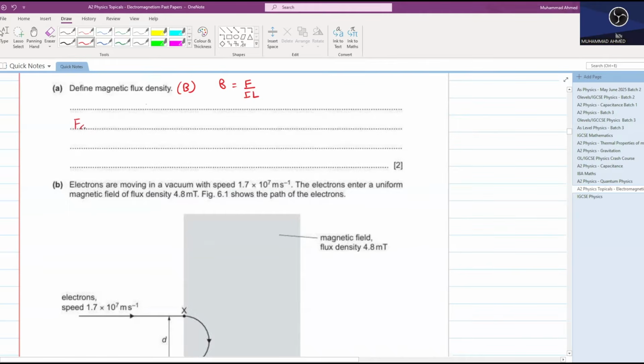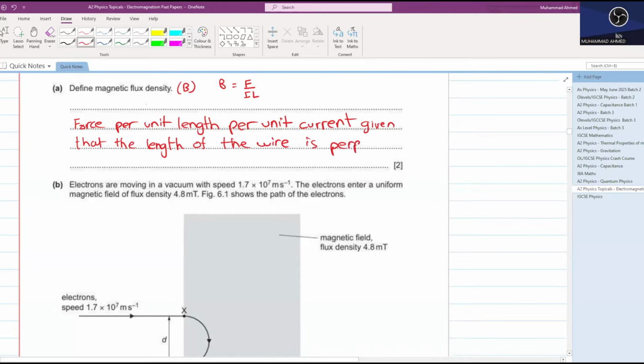Magnetic flux density is the force per unit length per unit current, or you can say per unit ampere as well, given that the length of the wire is perpendicular to the magnetic field. Simple as that.